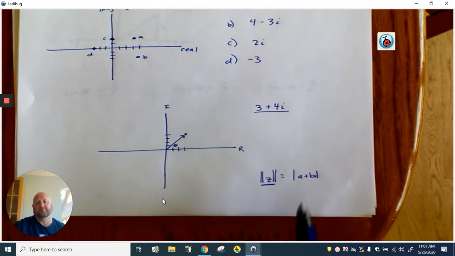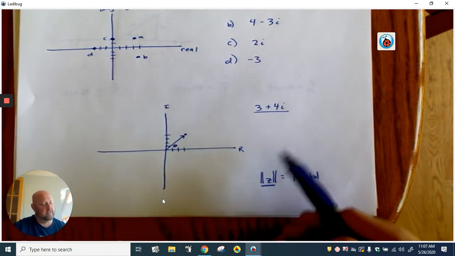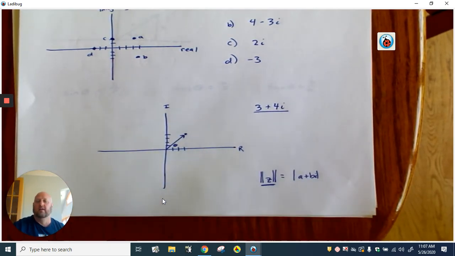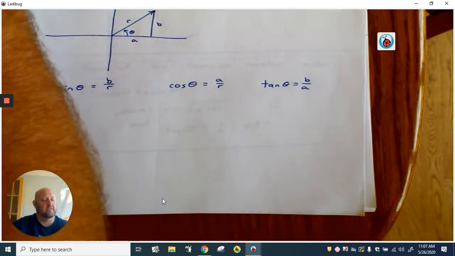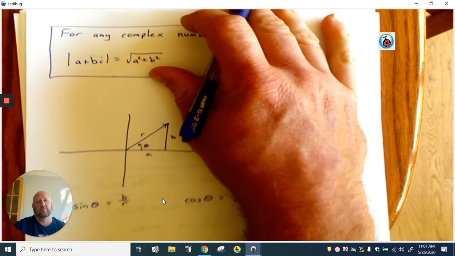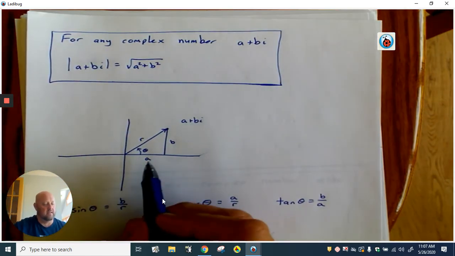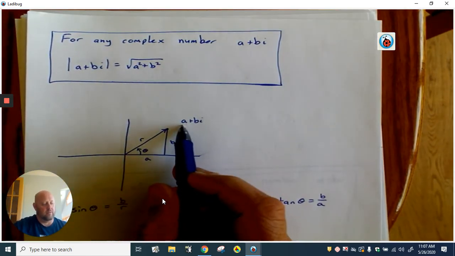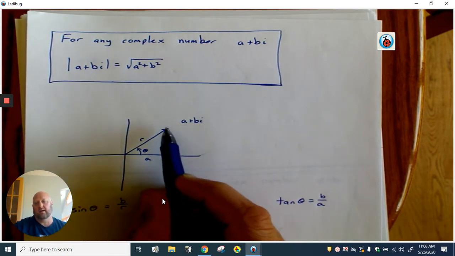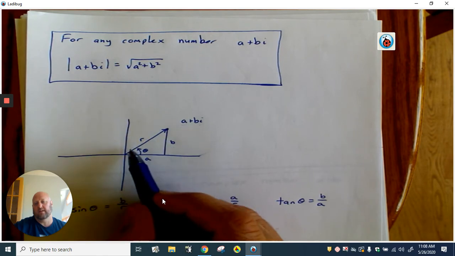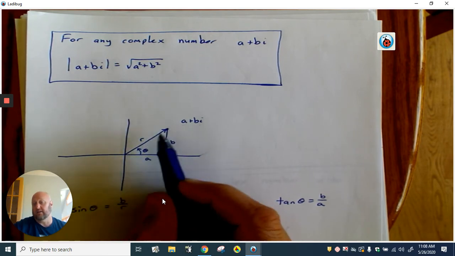Now, we just have to be able to find the length of that. And finding the length is actually a very simple process, because we already know how to find the length. If we have any point a plus bi, that means we go right a and up b, and we're trying to find the length of that, basically our radius, right?